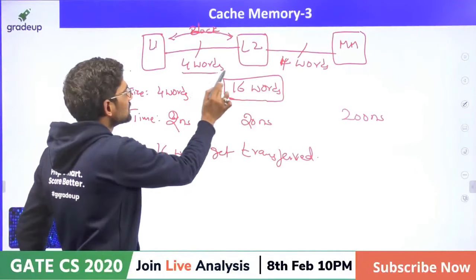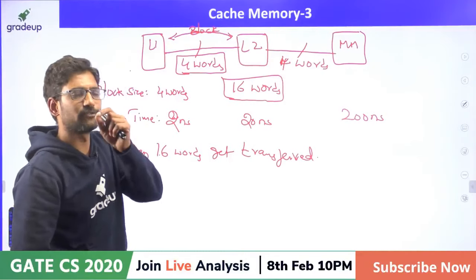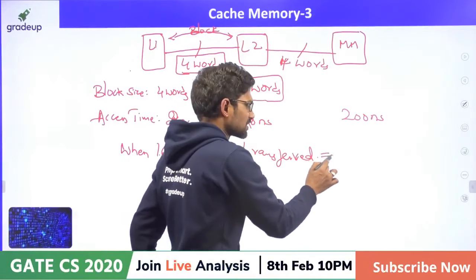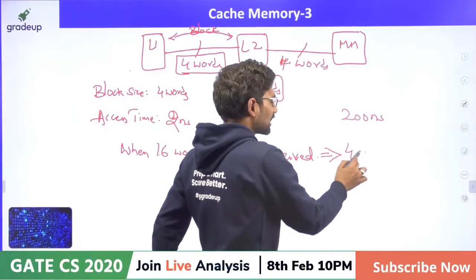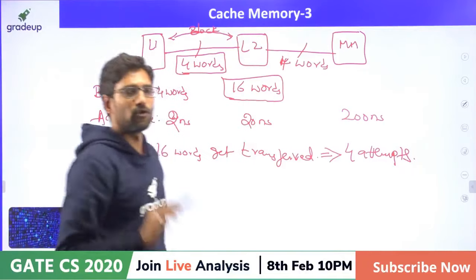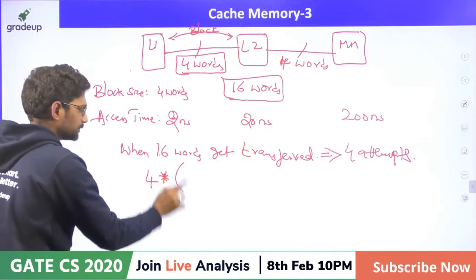But what is the bus width? 4 words. So at a time only 4 words can be transferred. So in how many attempts can 16 words be done? 4 attempts are required, so it should be done 4 times.